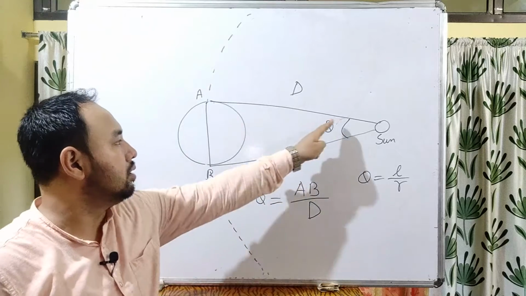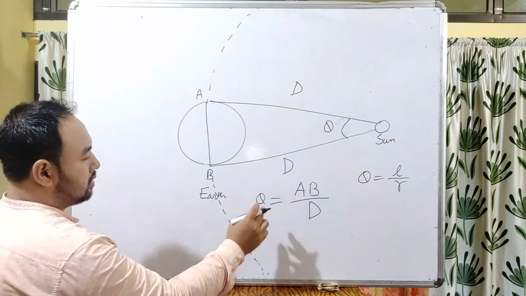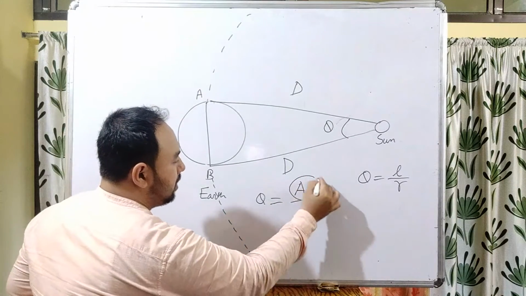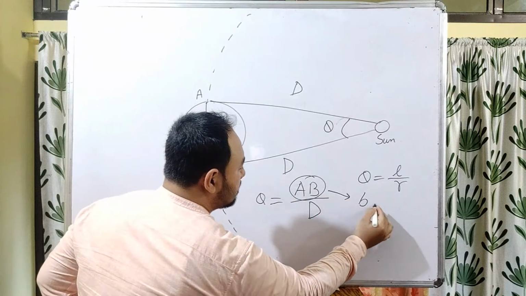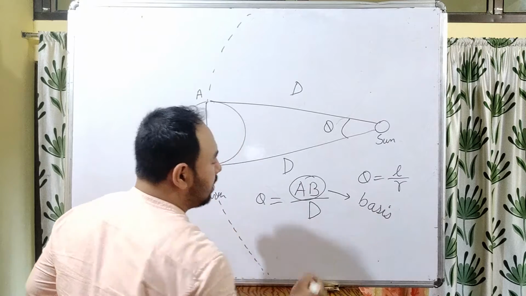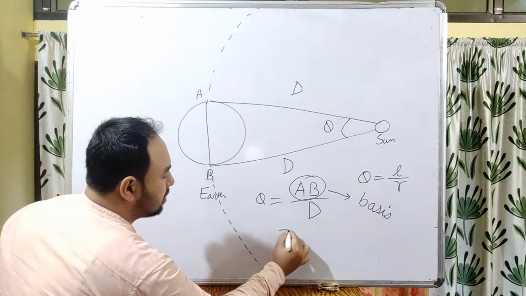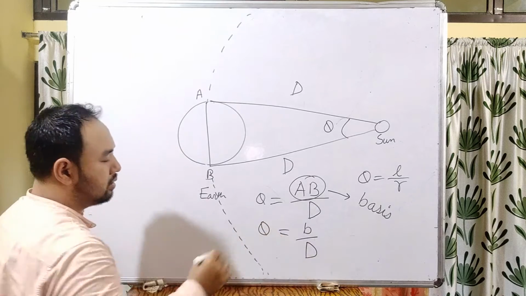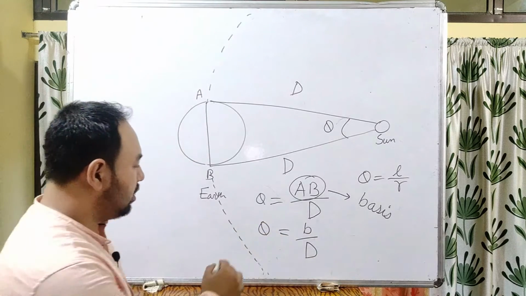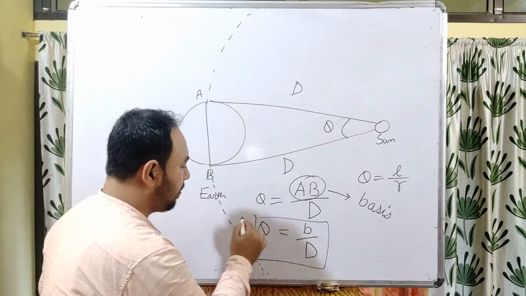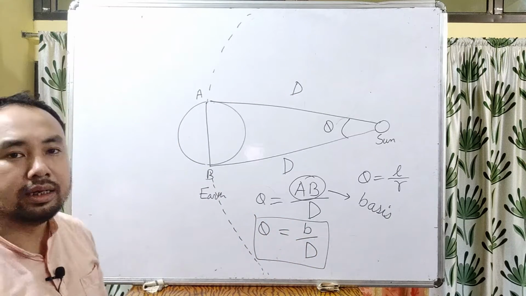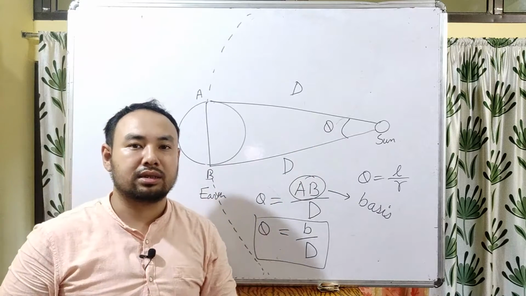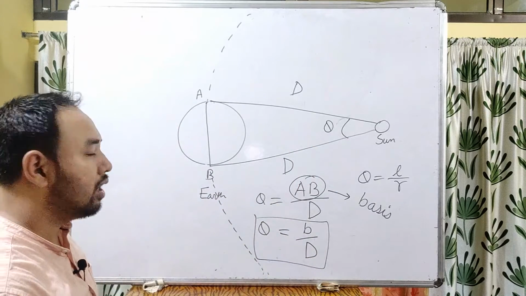So theta is equal to AB by D. This AB is also known as basis, and we can also write this as b. So theta is equal to b by D. Using this formula, we will calculate the distance between the earth and the distant stars which are located very far away from us.